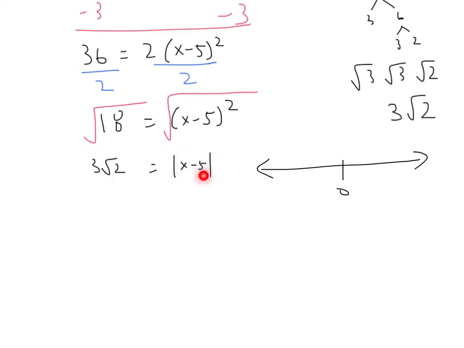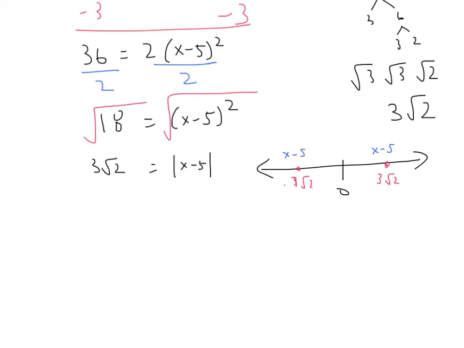Whatever's in here, this x minus 5, needs to be 3 radical 2 spaces away from 0. Well, here's one number that's 3 radical 2 spaces away from 0, positive 3 radical 2. But we could also find a number on the other side, negative 3 radical 2. That's also 3 radical 2 spaces away from 0. So x minus 5 could be here, or x minus 5 could be over here.